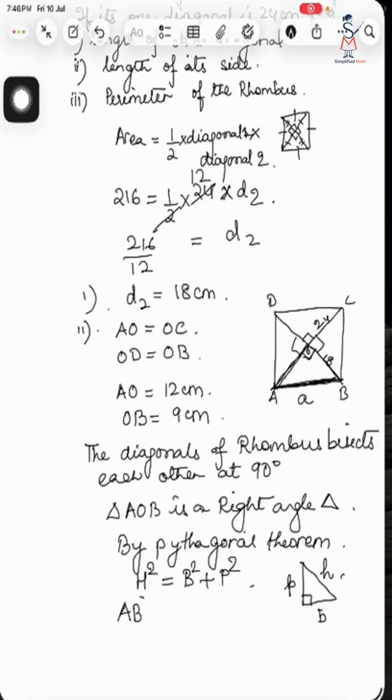So we can write AB square is equal to OB square, that is 9 square, because OB is 9, and this is 12, so plus 12 square. This will become 81 plus 144.